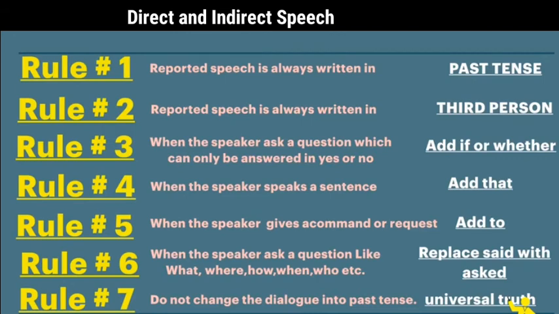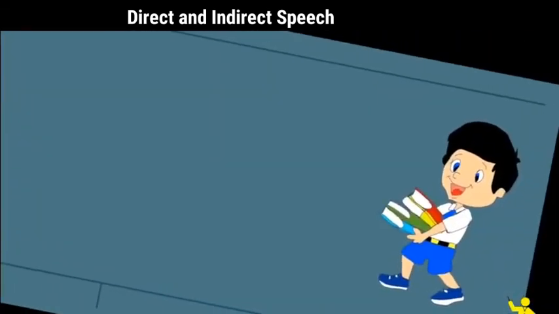Rule number 6 says, when the speaker asks a question like what, where, how, when, who, etc., such questions should be replaced with asked in the reported verb. And rule number 7 says, do not change the dialogue into the past tense if the quoted words, the actual words spoken by the speaker, are a universal truth, so such words we cannot change. So these are the 7 rules for you to remember.